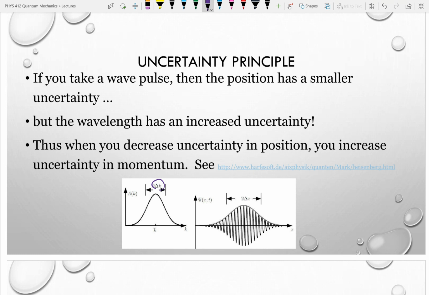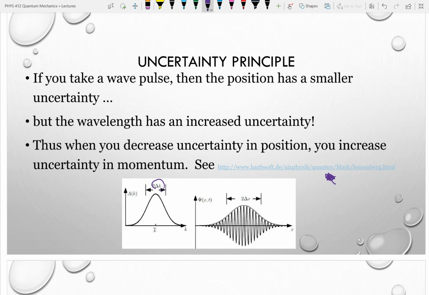uncertainty in momentum. By the way, I tried to go to this web page this morning from my office and couldn't. I don't know if it's a dead link now or if it's our firewall, so I left the link there, which is unfortunate, but we're not really talking about the Heisenberg.